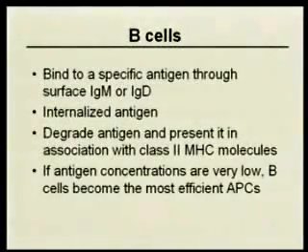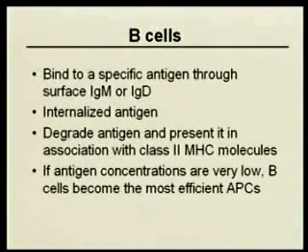This acts a little bit differently. You don't have the non-discriminate engulfing of microbes. They are a little more specialized. They bind to the different antigens using their surface immunoglobulins. It's more specific. After that binds to the surface, they then internalize the antigen.